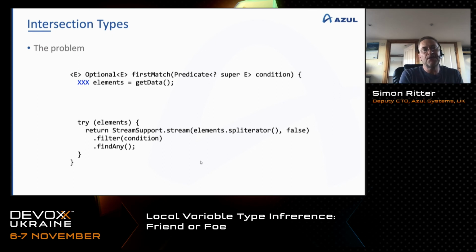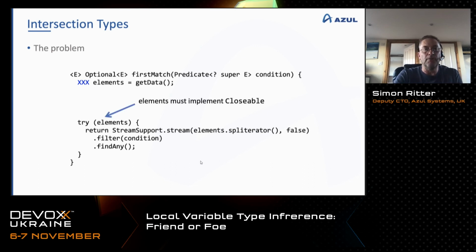And that's difficult because, unlike in the generic part of the code that we saw on the previous slide, where we can define that a type implements two different interfaces, for a local variable definition we have no way of specifying that. We could specify Closeable elements equals getData, or we could specify Iterable elements equals getData, but we can't specify both at the same time.